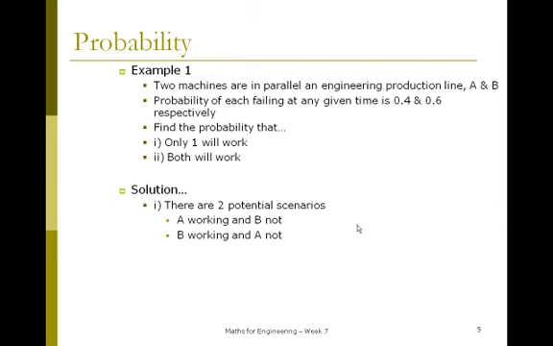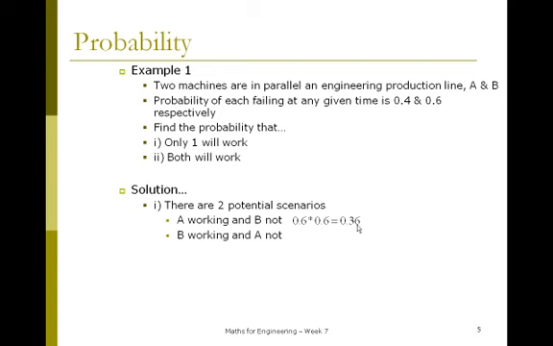So initially, for the first case that A is working and B is not working, the probability of that is 0.6 times 0.6, and when those probabilities are multiplied together, it gives the probability of A working and B not working of 0.36.